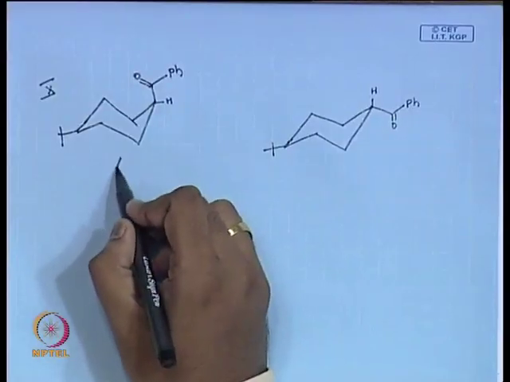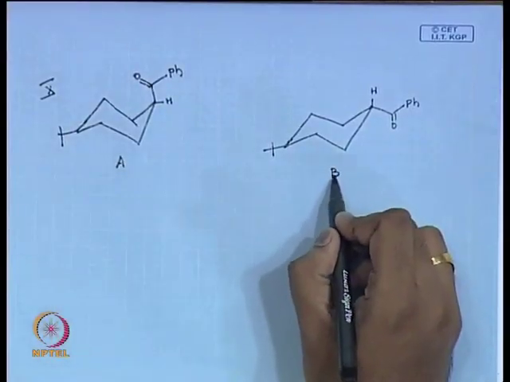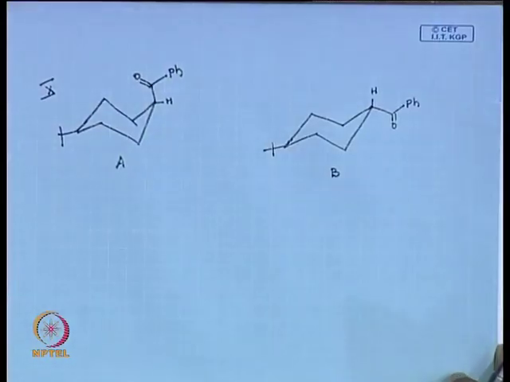Now tell me, once I shine light, both of them do their photochemistry. I am going to ask which one will do hydrogen abstraction reaction? Which do you prefer that it will do hydrogen abstraction, and from which? I will call this A and B. I have two systems right now.